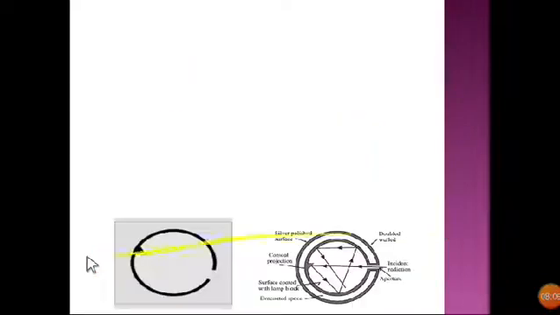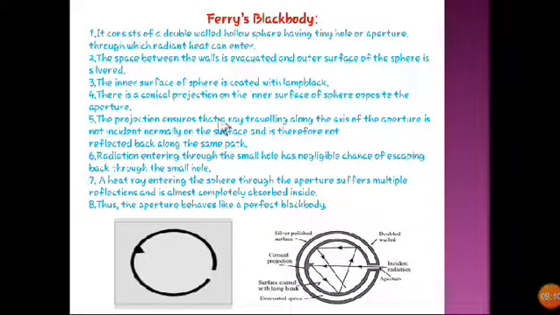Moving towards the next point, which is Fery's black body. You can see the diagram. In the diagram, you can observe it is a hollow sphere, and in between the walls is an evacuated space, and the outer part is polished with silver, and the inner part is coated with lamp black.